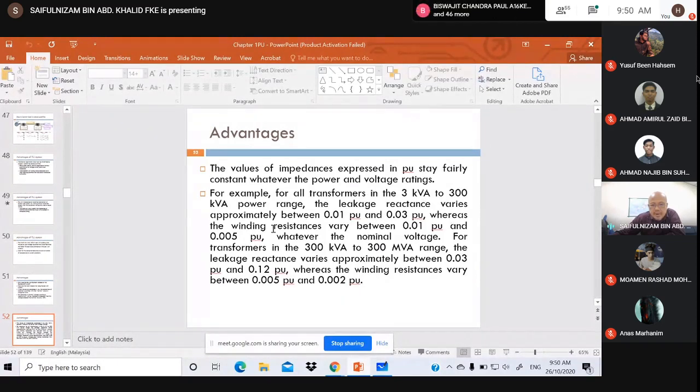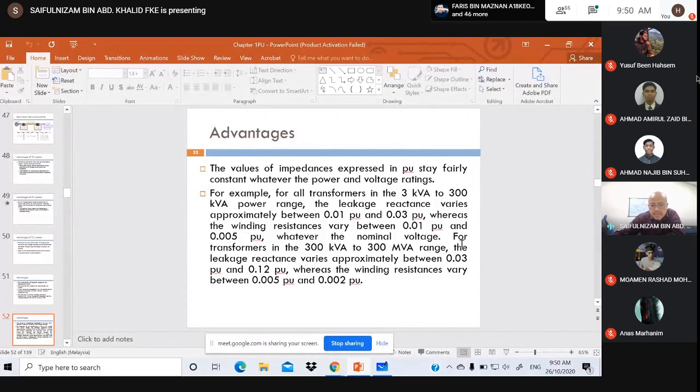So this is the leakage reactance, X. And this is the R, the winding resistance, which will vary between 0.01 and 0.005 pu at any values of the nominal voltage.